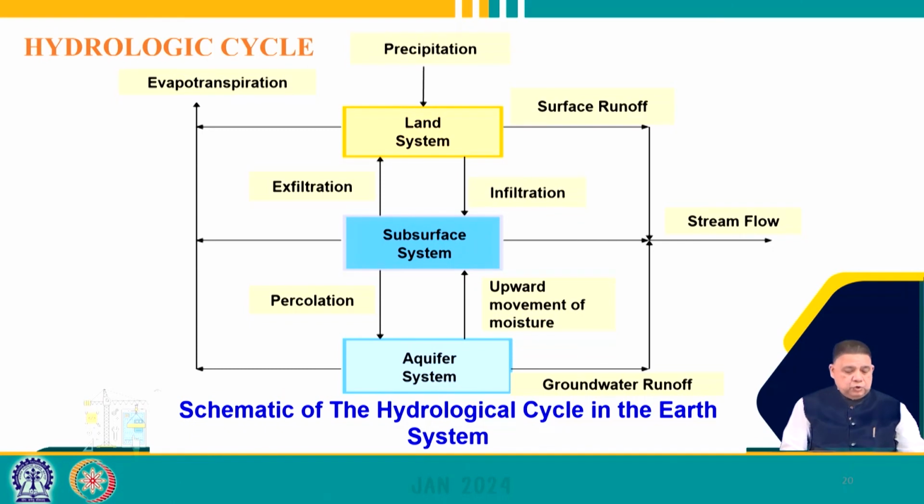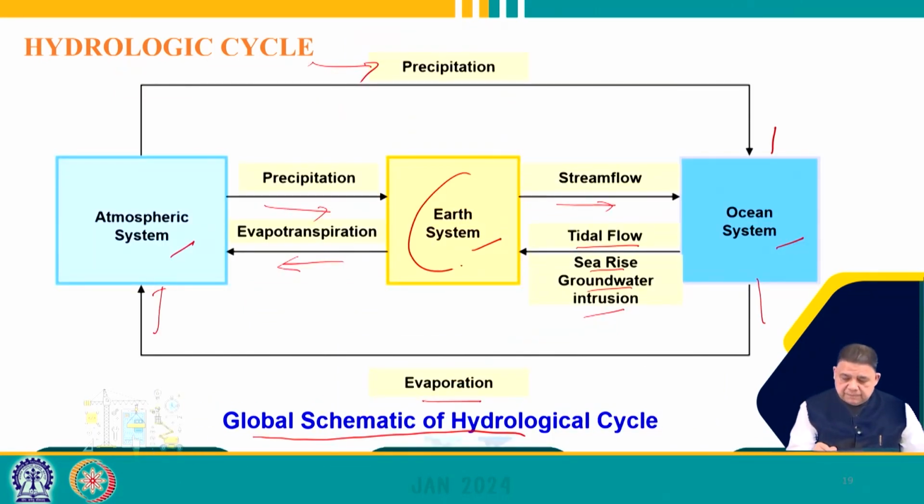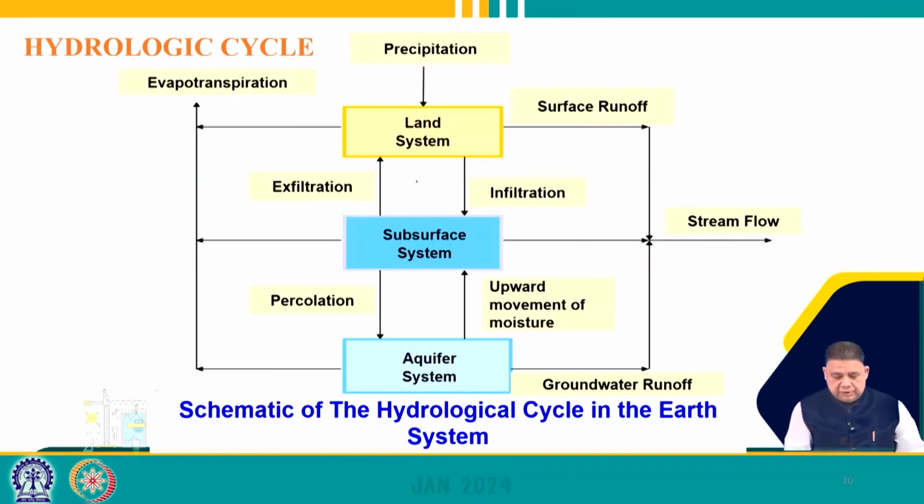Now, if we zoom into this earth system, we can also talk about the schematic of the hydrological cycle in the earth system, and then we will have three new systems: land system, subsurface system, and aquifer system. Obviously, precipitation takes place on the land system, from where surface runoff is generated and reaches the oceans in the form of stream flow.